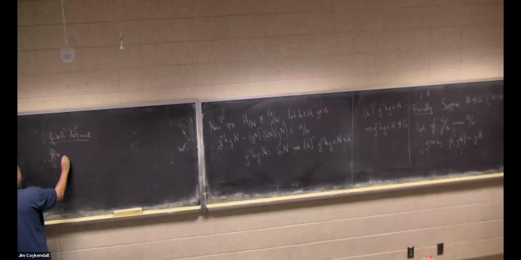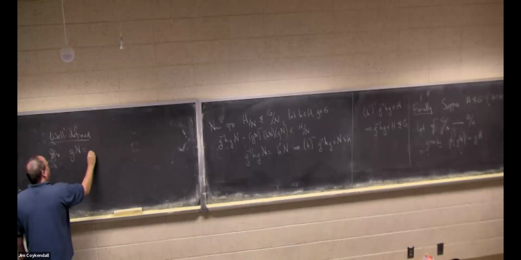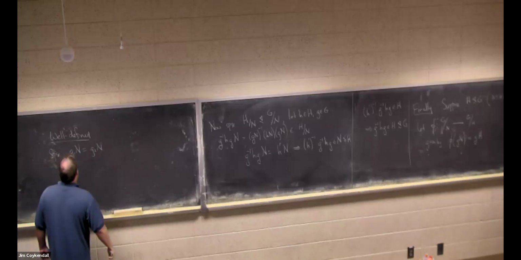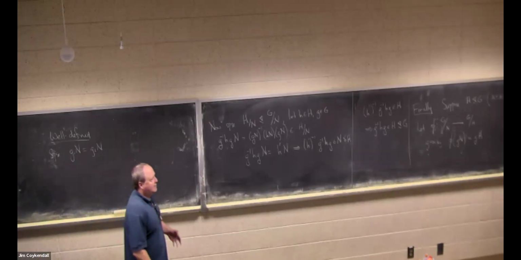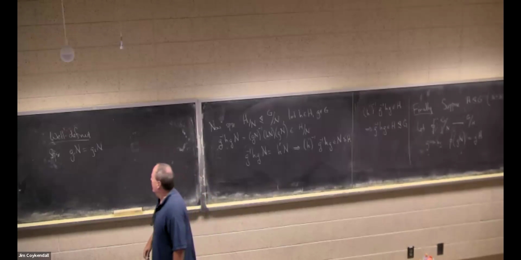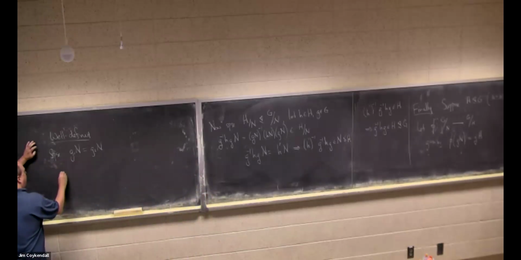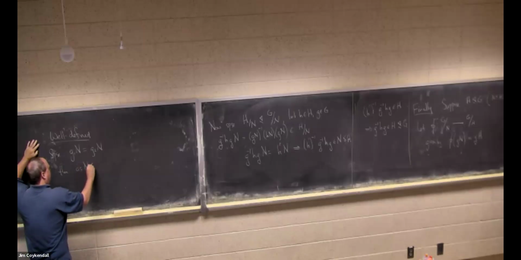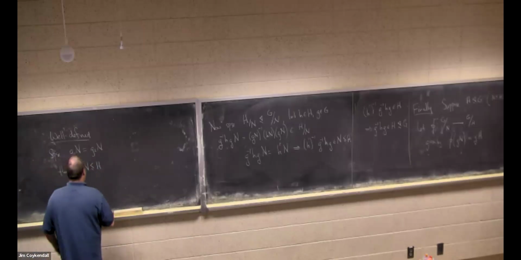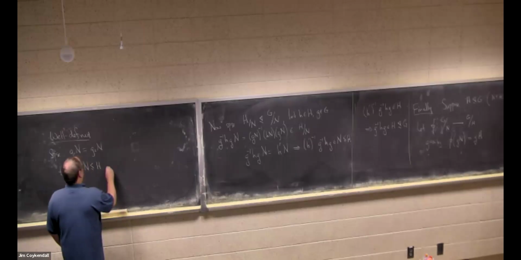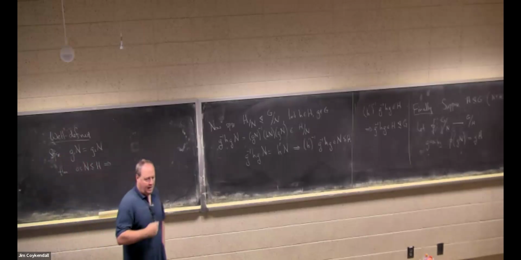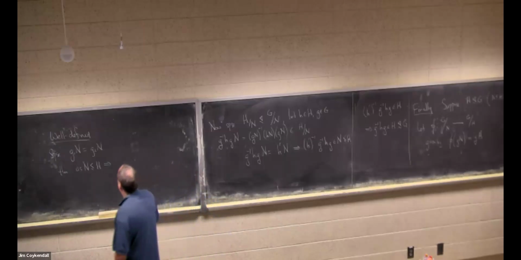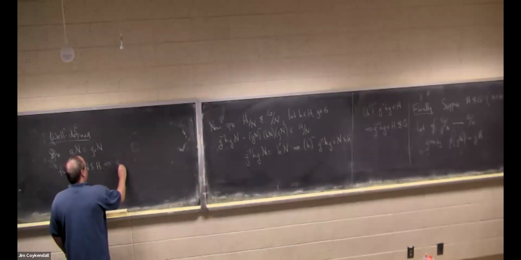So suppose G1 N is equal to G2 N. So suppose that we pick potentially different representatives of this coset. Then, as N is contained in H, this implies that G1 H is equal to G2 H.